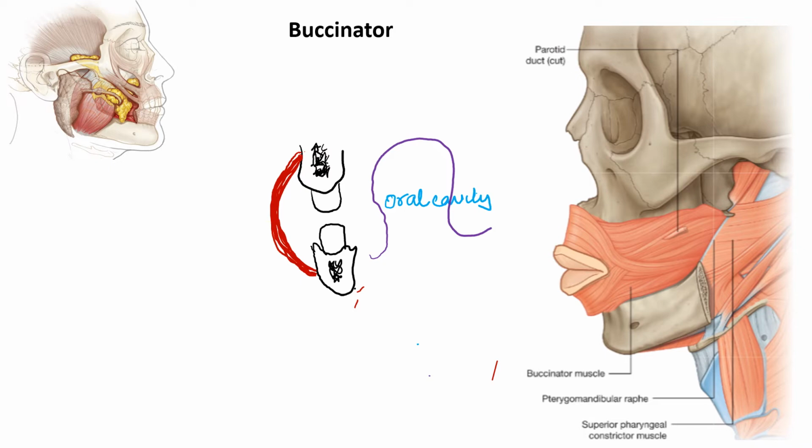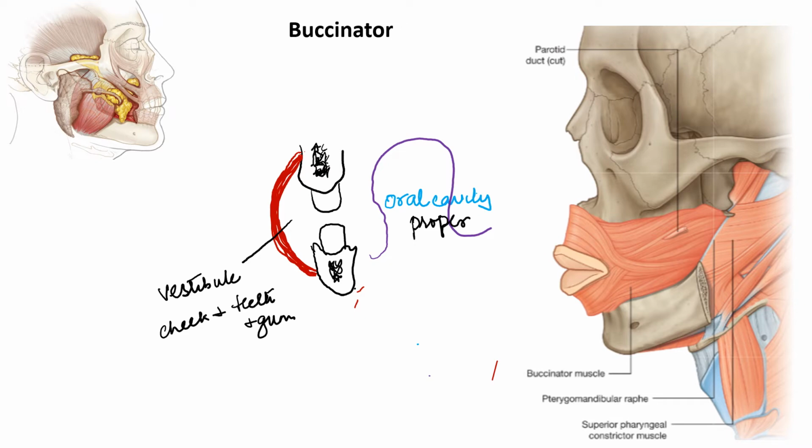Now, what is its function? Let's do that. Now, this part of the oral cavity is known as the vestibule, which is present between the cheek and the teeth and gums. And this is the oral cavity proper.